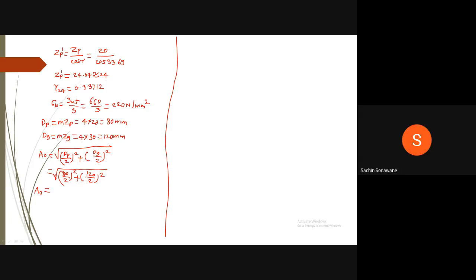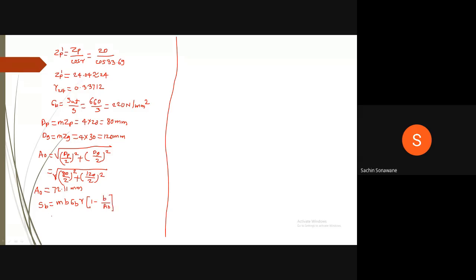72.11. Yes, 72.11 mm. Now we will calculate beam strength. Beam strength SB is equal to, we know the formula of beam strength, m b sigma b into Y into bracket 1 minus b divided by A naught.